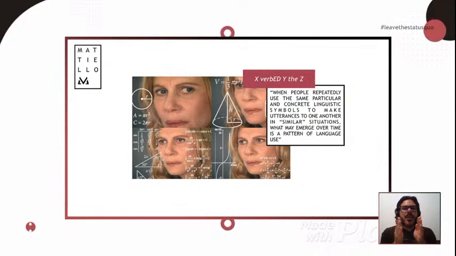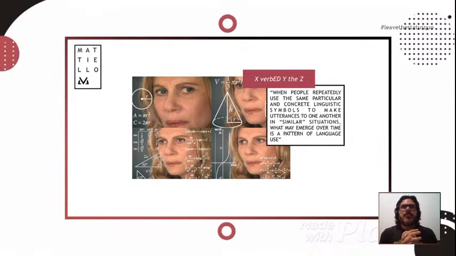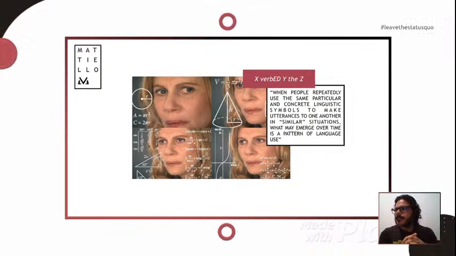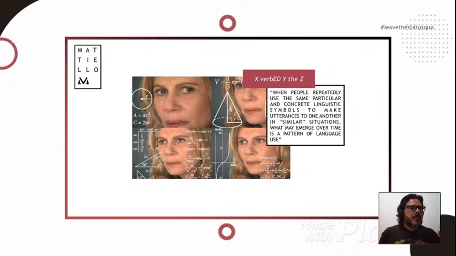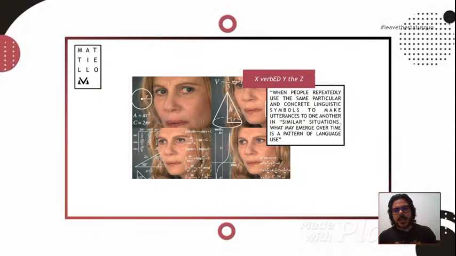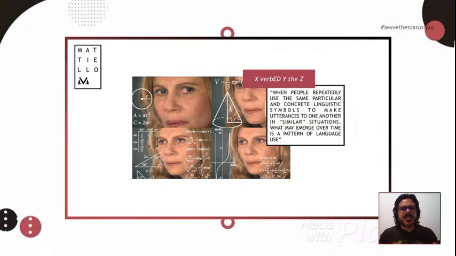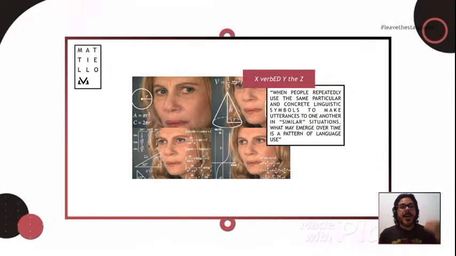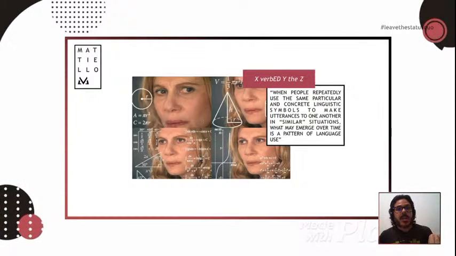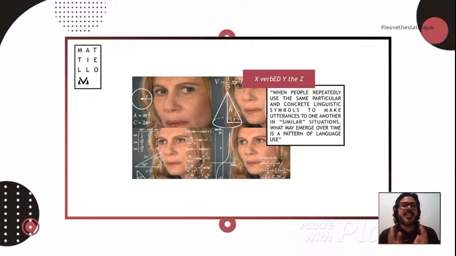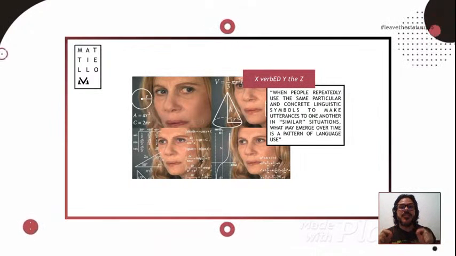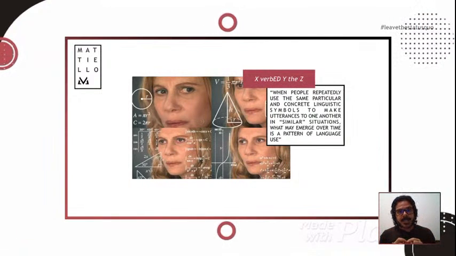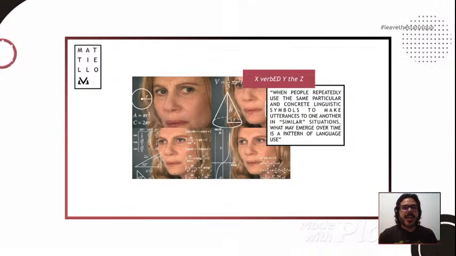So if we think, I gave my mother a ring, it's pretty much similar to what we have here: X verbed Y the Z. This is the concept that our students will basically have in their minds. This is the grammar they're going to develop in their minds. Once we provide the model, that's what they're going to construct in their minds.